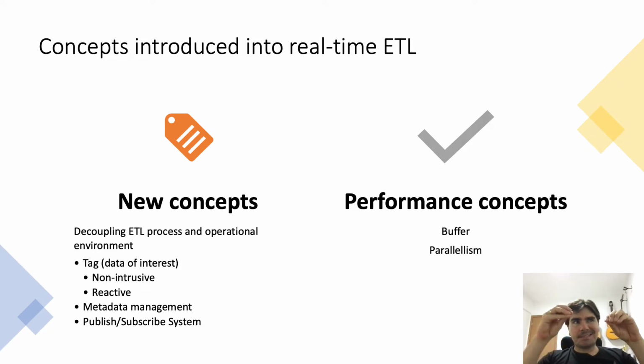This data of interest is targeted with a tag named, for example, student. In this sense, we can assign this tag student to data from the operational environment that is produced in an operational data source. By doing this, we reach two characteristics: non-intrusive and reactive.